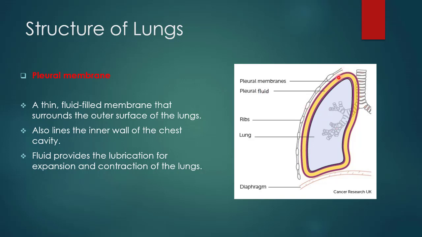This membrane has a fluid inside it. As you can see here, this yellowish area is pleural fluid, which is very important for the movement of lungs. So the pleural membrane is a thin fluid-filled membrane that surrounds the outer surface of the lungs and also lines the inner wall of the chest cavity.